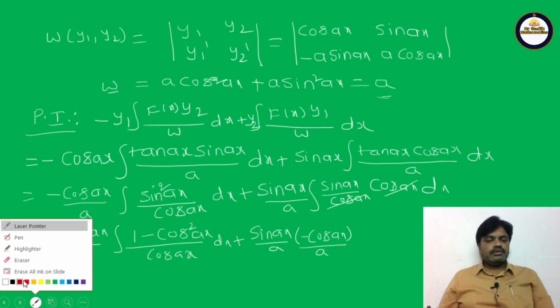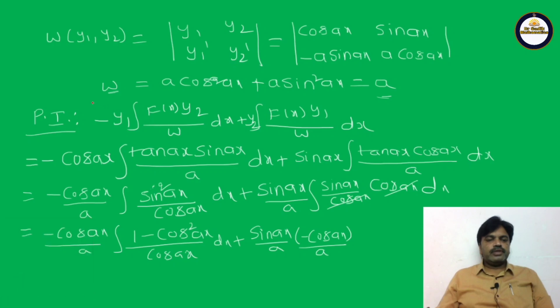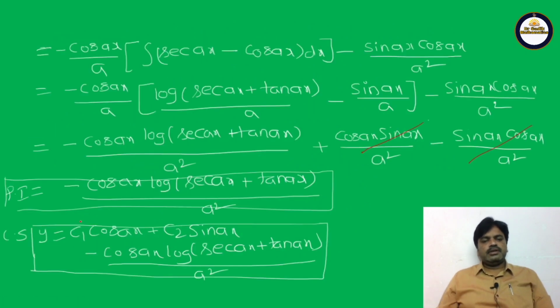We simply remember, friends: minus y1 integral of f of x y2 by w into dx plus y2 integral of f of x y1 by w into dx. You simply substitute y1, y2, f of x, w values here, and we apply some basic formulas. We get the required particular integral, and adding the complementary function and particular integral, we get the complete solution of the given problem.